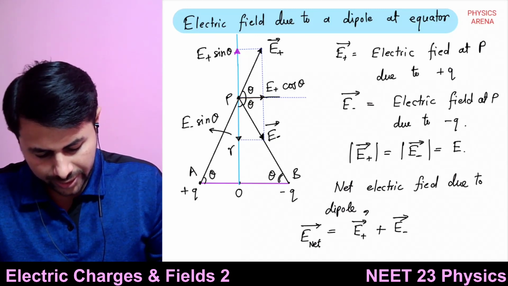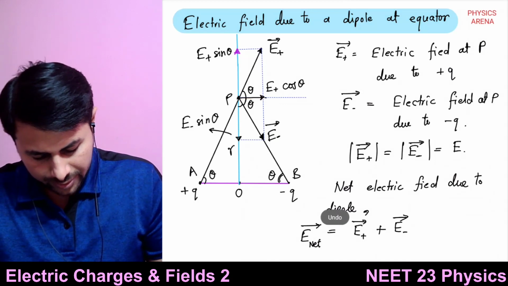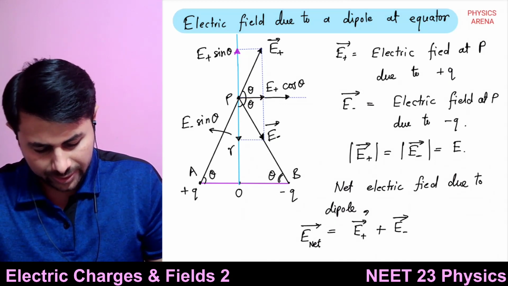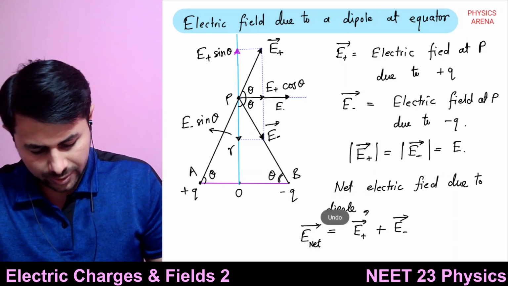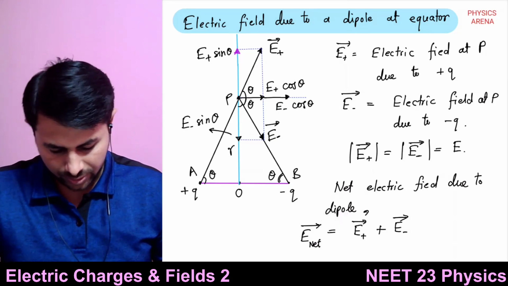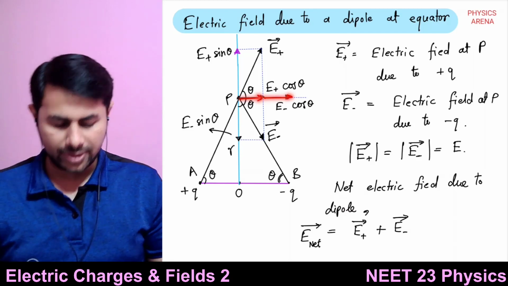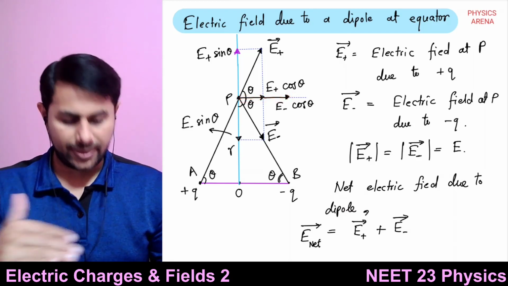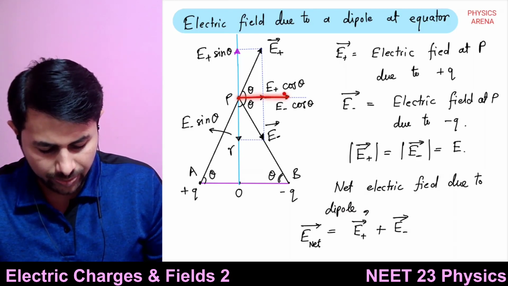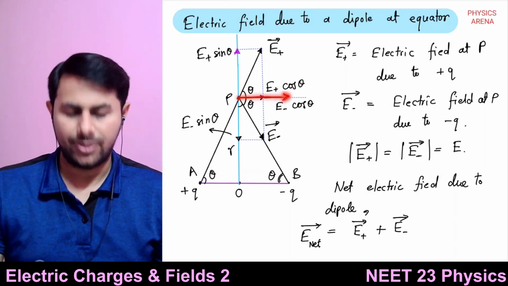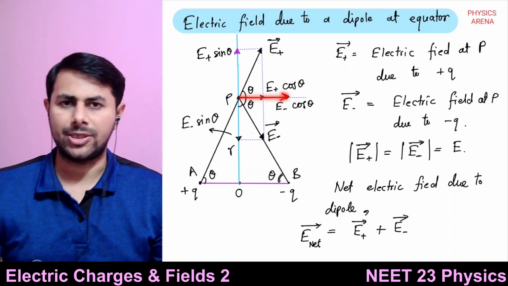We can draw it here, of the same length. So E plus cos theta and E minus cos theta are directed in the same direction, so they get added, and therefore the net electric field is this much.